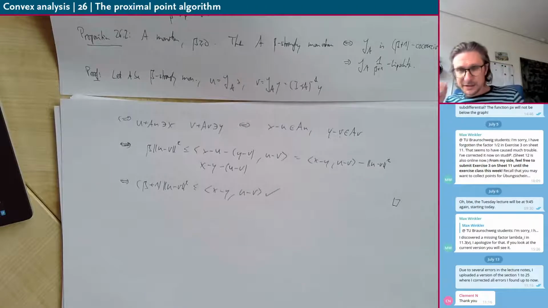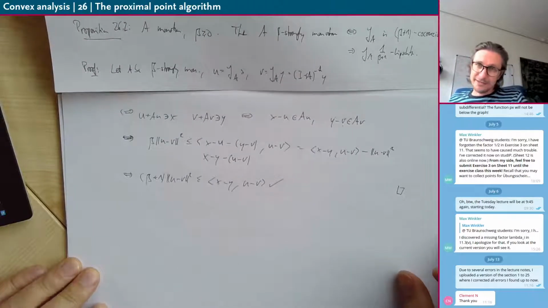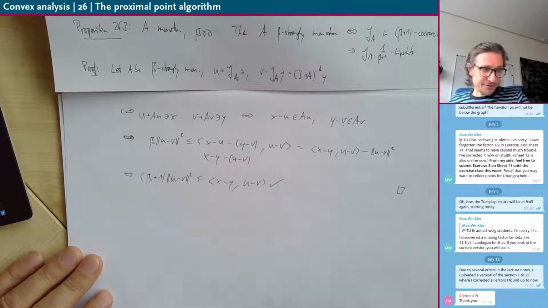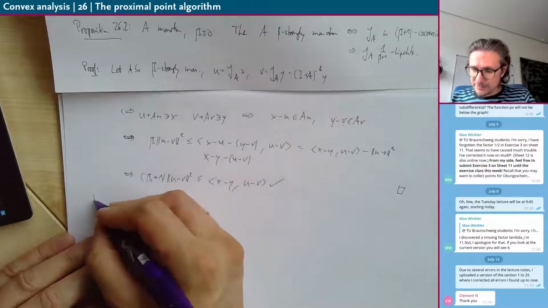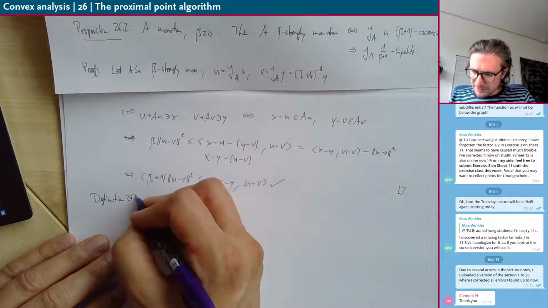Okay, and then finally, before we come to the first convergence theorem for the proximal point algorithm, I finally define what we mean by linear convergence. Actually I've used it already, but I forgot to define it, and now let's do that here.